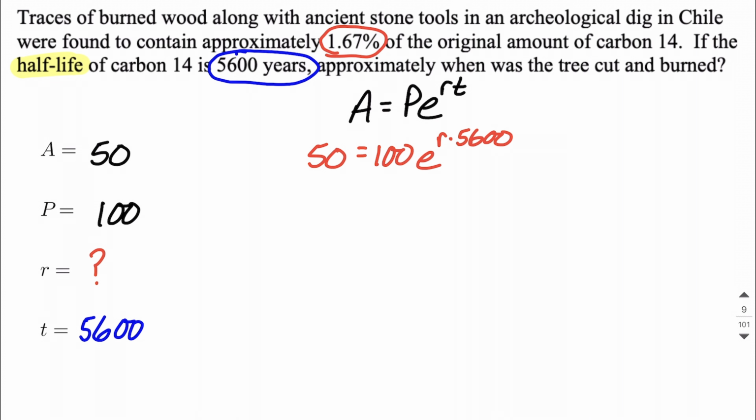Okay, so we have an exponential equation. Let's isolate the exponential part, the e raised to the power. That means this 100 that's out in front, let's move it to the other side by dividing, because it was connected with multiplication. Now you may notice that we get a 1/2 with a little reducing down on the left-hand side, and e raised to the r times 5,600 power on the right-hand side.